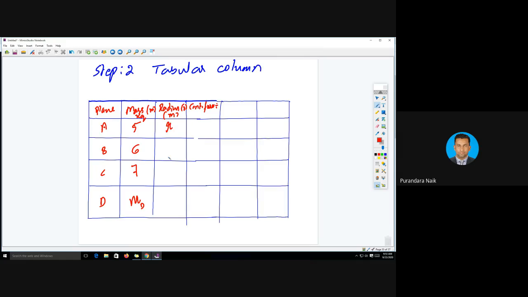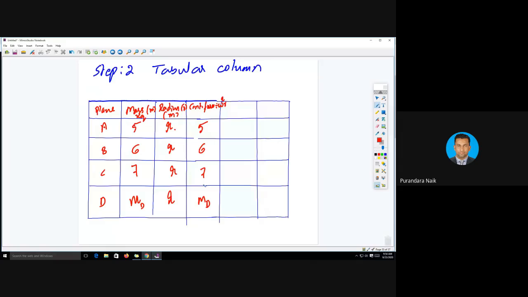Now radii are considered as R. So centrifugal force divided by omega square R, because omega square is also unknown, R is also unknown. Check your answers. Of the 4 values, 3 are known and 1 is unknown.